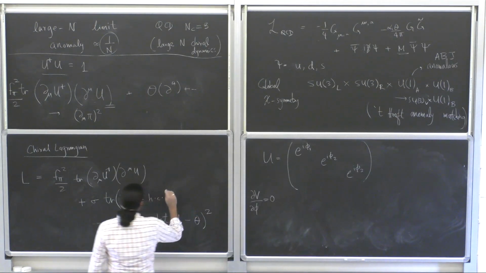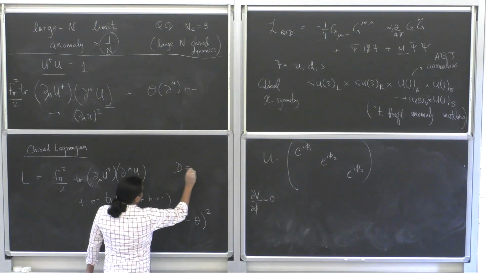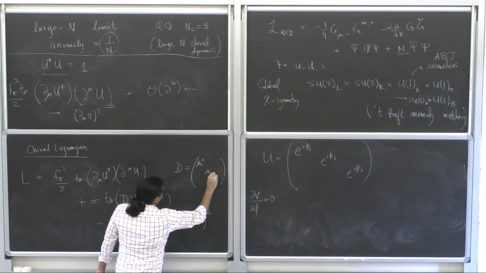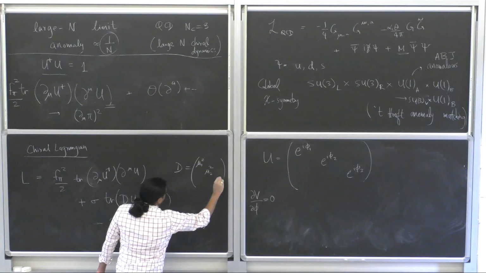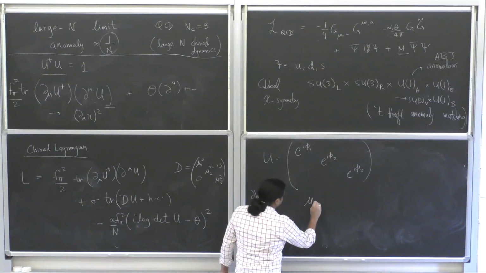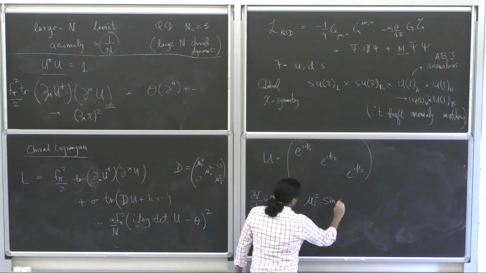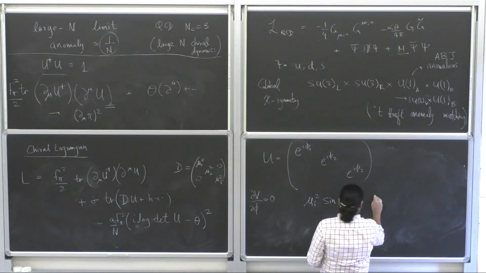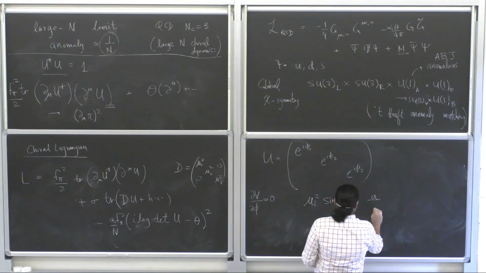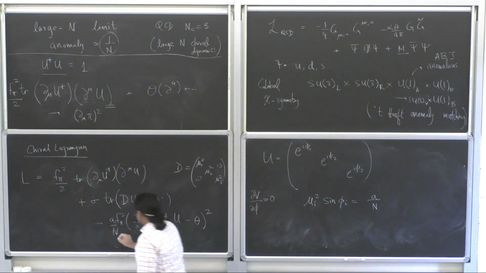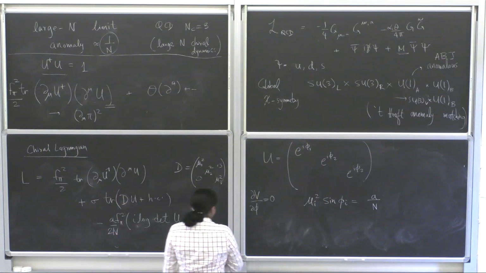so just to make contact with Witten's notation, let me just write the diagonal matrix in this form. And so what you get is, probably I'm missing a factor of 2 here. Everything was scaled by f pi squared over 2.